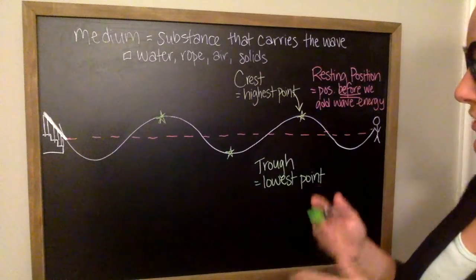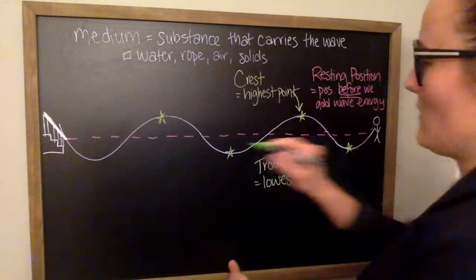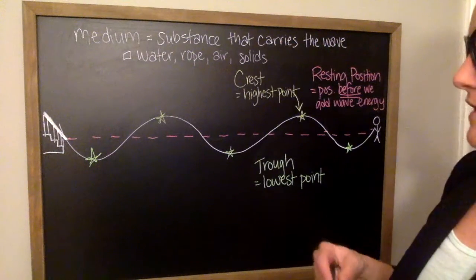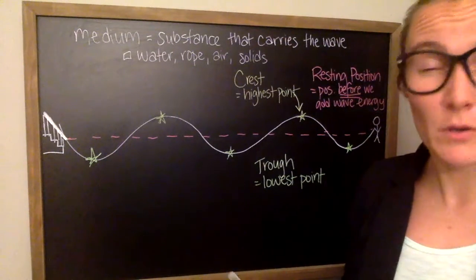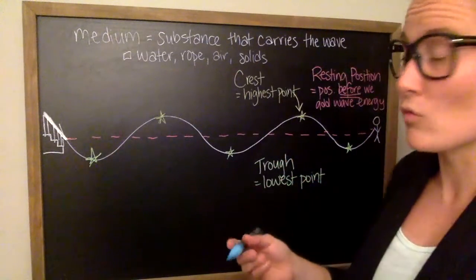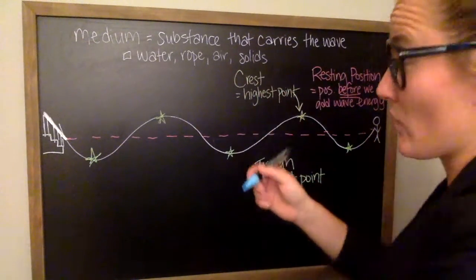If you'll notice with that trough too, in this diagram we've got 1, 2, 3 of them. The crest and trough are super important because those tell us the wave height, or how tall total that wave is.